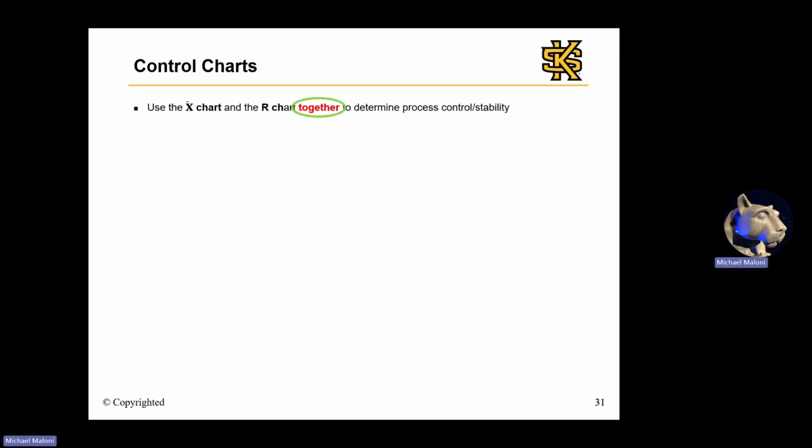These charts indicate different potential sources of variation. The X-bar chart is the average tendency, which relates to accuracy. And the R chart is the dispersion of this average tendency. That would be tightness or precision. So we can consider shooting at a target where ideally we'd like to hit the bullseye, or at least be near and around the bullseye.